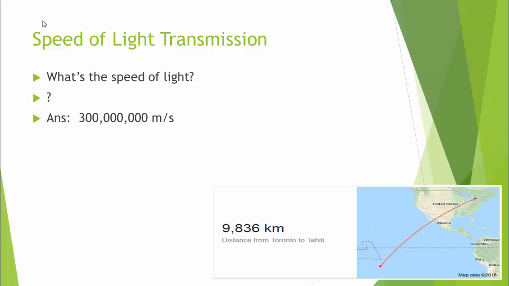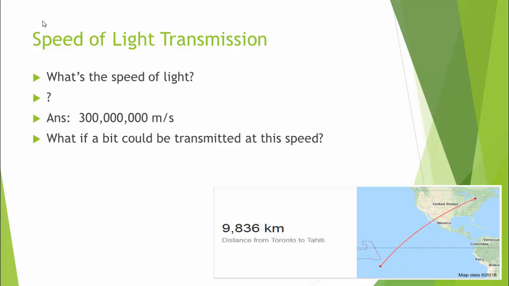And you might say, well, that's instantaneous. And in fact, it's not. But it's very, very fast. So if we could transmit information at that speed, then the time that it would take for a given bit to travel from Toronto to Tahiti would be 10,000 kilometers divided by, now we've got to make sure we get our units right, 300,000 kilometers per second.